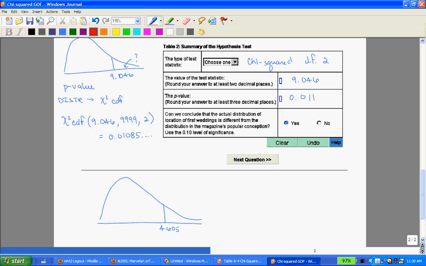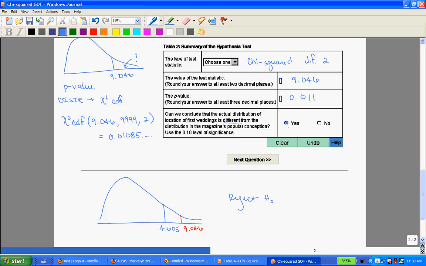Well, from before, our test value is over here at 9.046. So I'd get the same conclusion to reject H naught, which means weddings are not distributed as the magazine thought. They're different, and that's what they're asking.